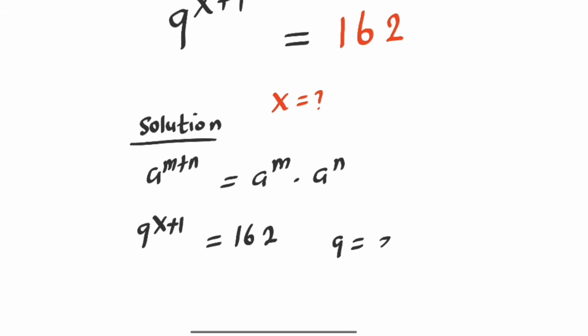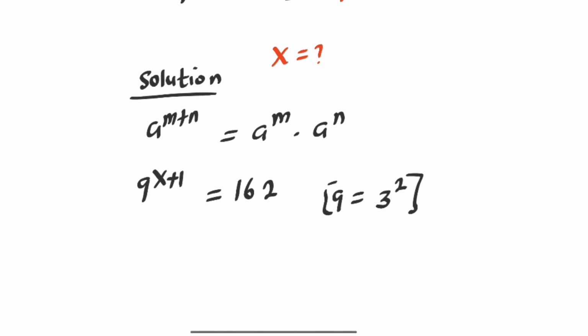9 is equal to 3 square. Then this 9 raised to power x plus 1 can be written as 3 square to the power of x plus 1 is equal to 162.